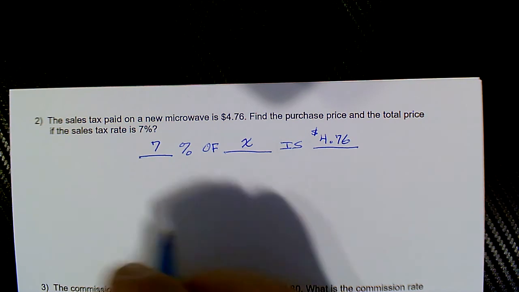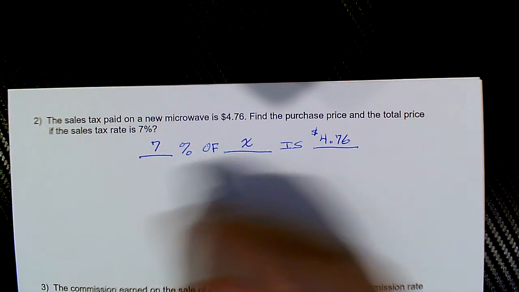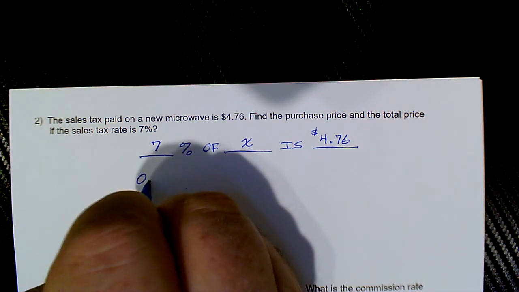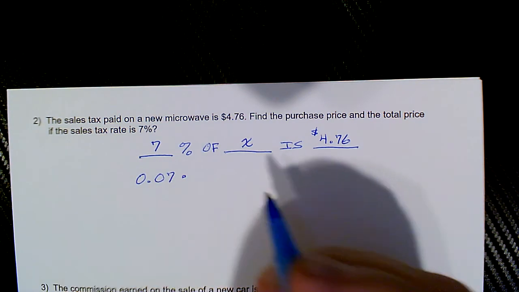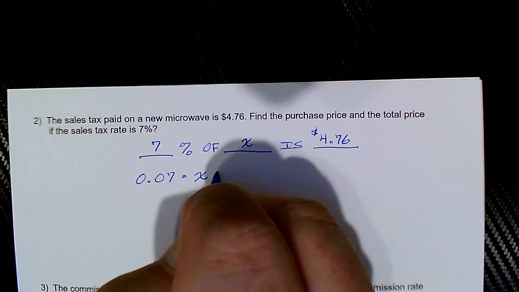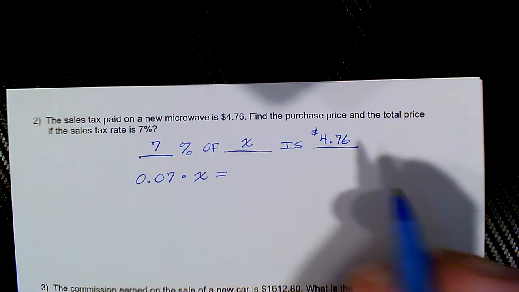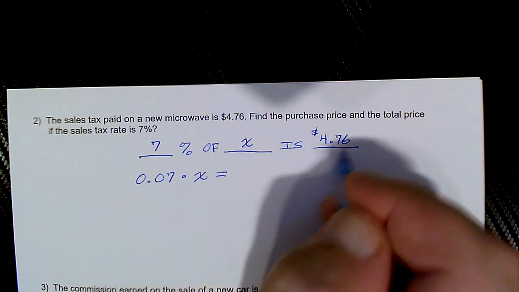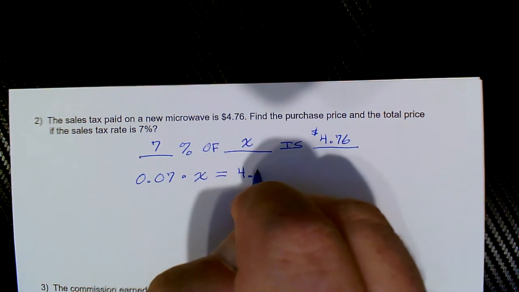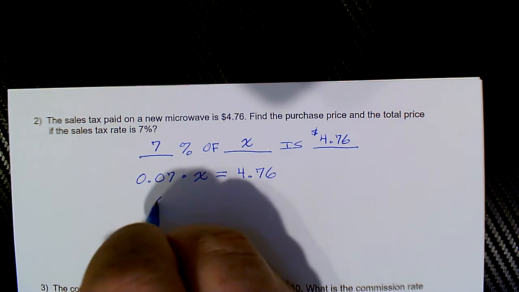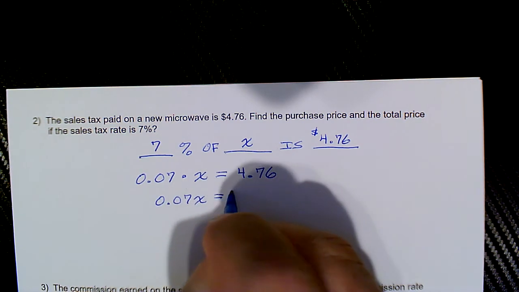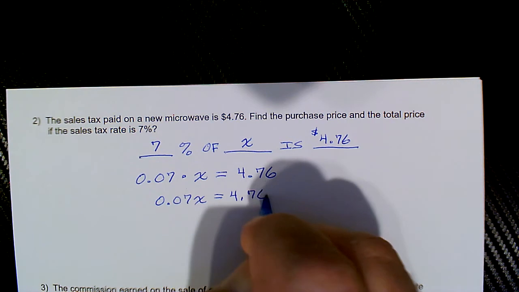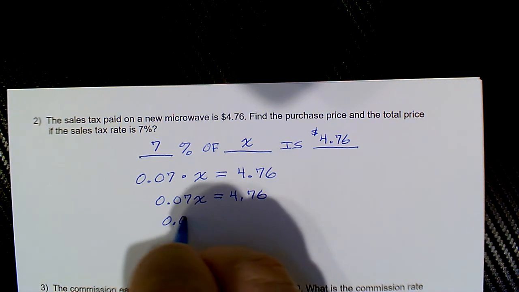Okay, so that's the setup. Translate to a mathematical equation. Always change your percent to a decimal, so 0.07 times x, because of means multiplied again, is means equals 4.76. Okay, just divide by the 0.07. I'm going to take the time to just rewrite it without the multiplication symbol, and then I'm going to show the division.